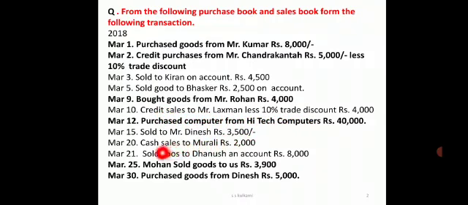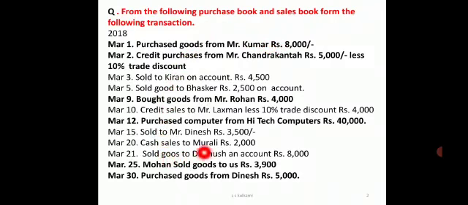Then on 25th Mohan sold goods to us, and on 30th purchased goods from Dinesh. So all these transactions relating to 1, 2, 9, 12, 25 and 30 are relating to purchases.